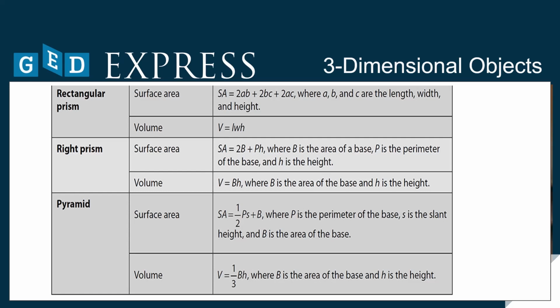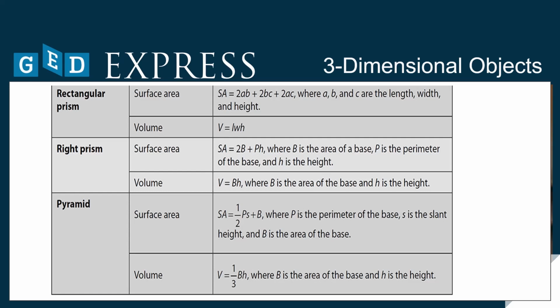Pyramid, surface area, SA is equal to 1/2 the perimeter of the base times s, the slant height, plus the base area. Volume, V is equal to 1/3 base area times height.